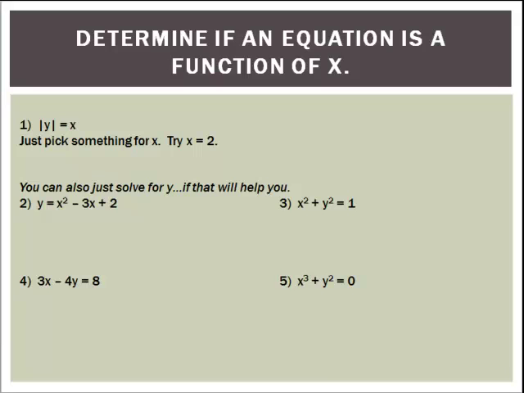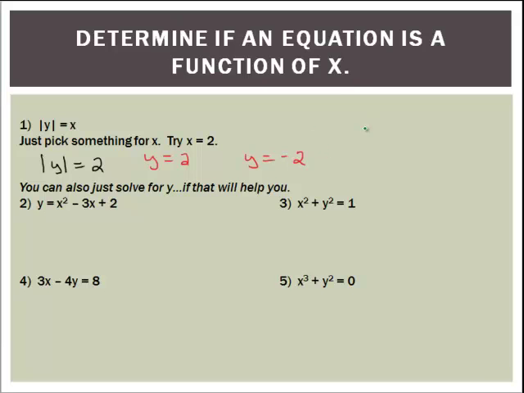So what if you have just an equation and you need to determine if that is a function of x? Well, you could do something like pick something for x. For example, try 2. So you have absolute value of y equals 2. Well, you guys remember how to solve absolute value equations, right? You have two cases. y equals the positive case and y equals the negative case.